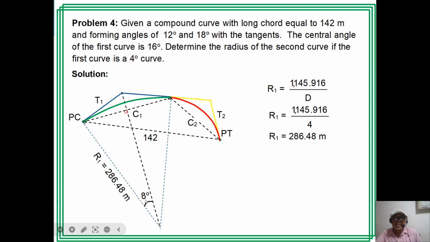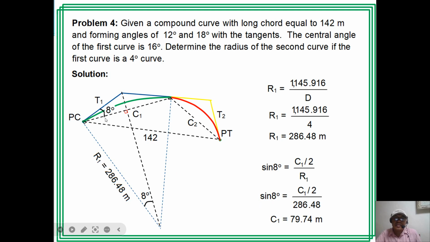So half of 16 is 8. So I can have sine of 8. Sine of 8 is C1 over 2 over R1. So this triangle here. And C1 is 79.78.